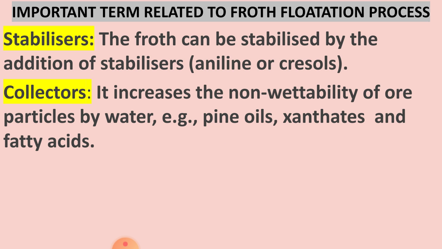So here some examples are given: pine oils, xanthates and some fatty acids. These work as collectors. Here you have to learn the names of collectors. One question may arise: write the name of the stabilizer used in the froth flotation method, or name the collectors used in the froth flotation method, and what is the use of collectors here. So basically collectors increase the non-wettability of ore particles by water.